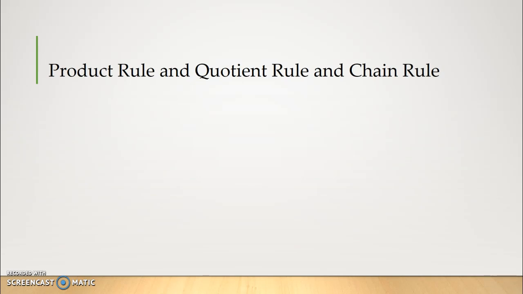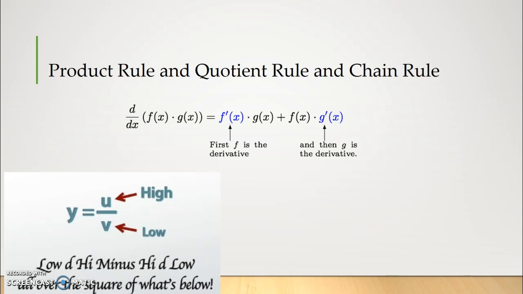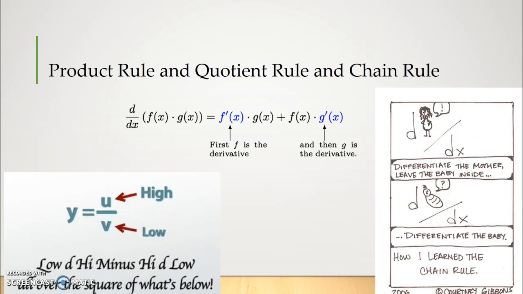You should be comfortable in this unit with the product rule, which is just multiply both things together, but take the derivative of the first one, leave the second one alone, plus the first one left alone times the derivative of the second one. You should also know the quotient rule, and the poem that goes with it is helpful. And also the chain rule.